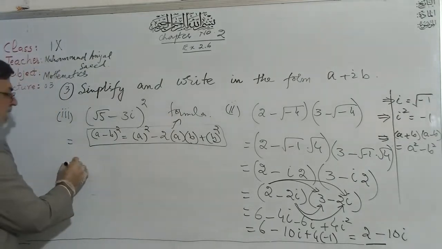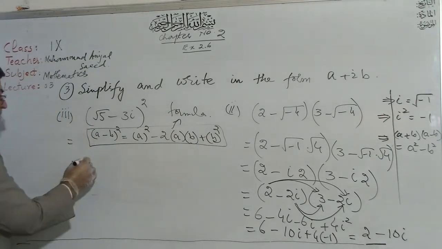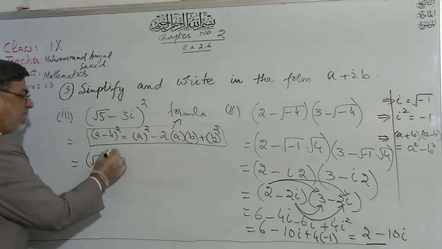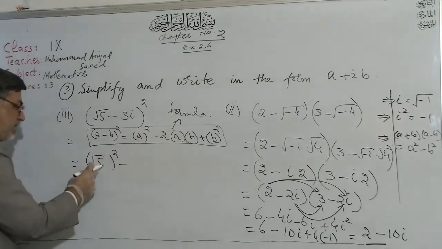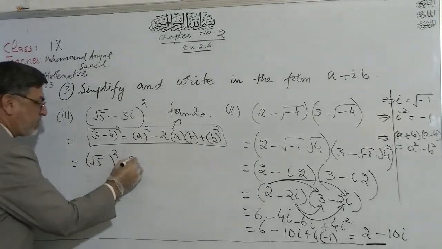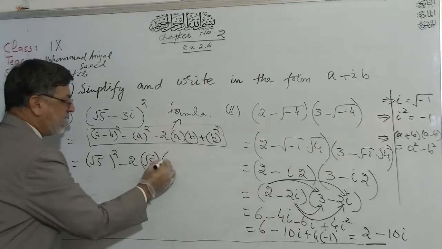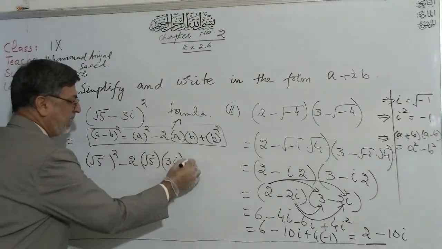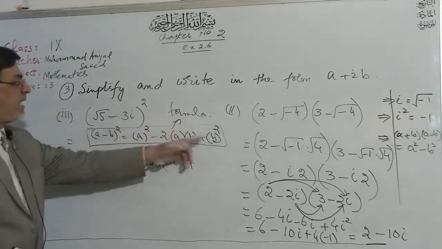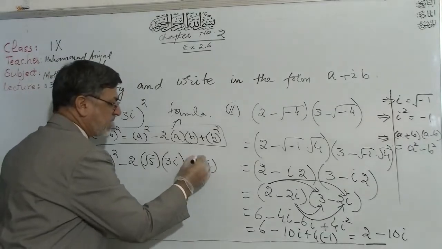So now we apply the same formula here: square root of 5 whole square, minus 2 into first, square root of 5, into second, which is 3 iota, and plus b square, means second square, 3 iota square.